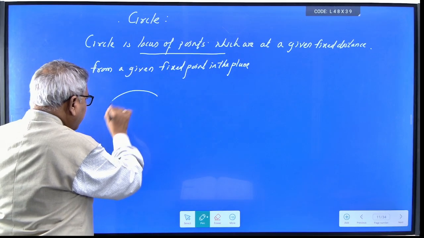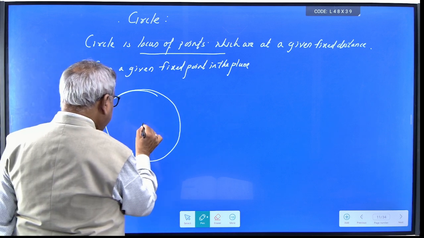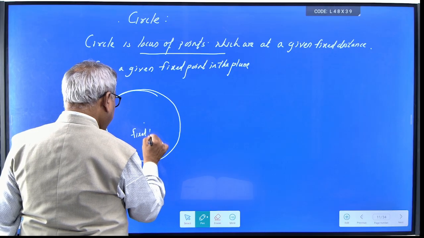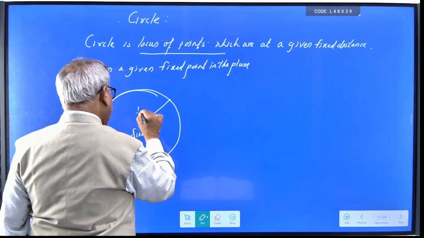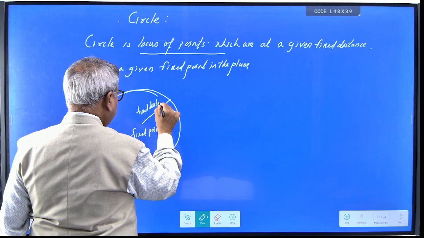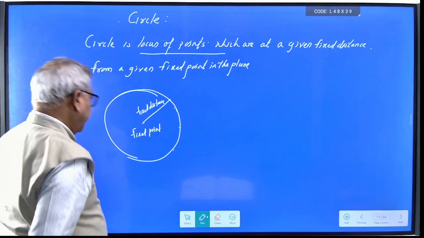This is a circle. This is a locus of points. It is a given fixed point. It is a given fixed distance. And all these points constitute a circle.